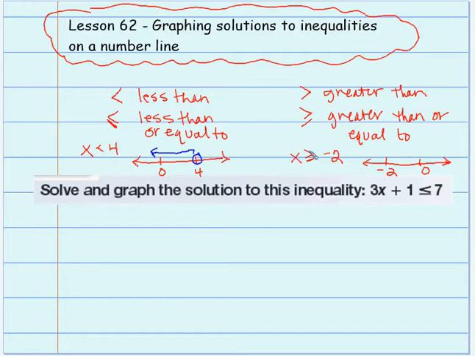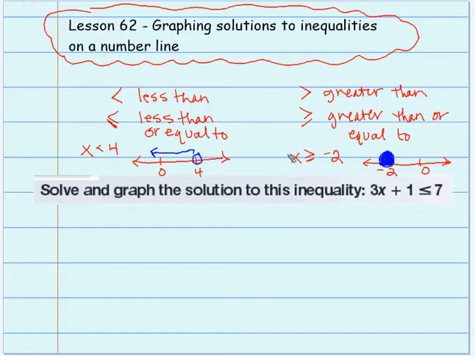Now, I need the values that are greater than or could be equal to -2. So I'm going to put a circle on the point -2. And since -2 would work as a solution, I'm going to fill it in. I'm going to shade it. It means that this includes the point and this does not include the point. The open circle does not include the point.